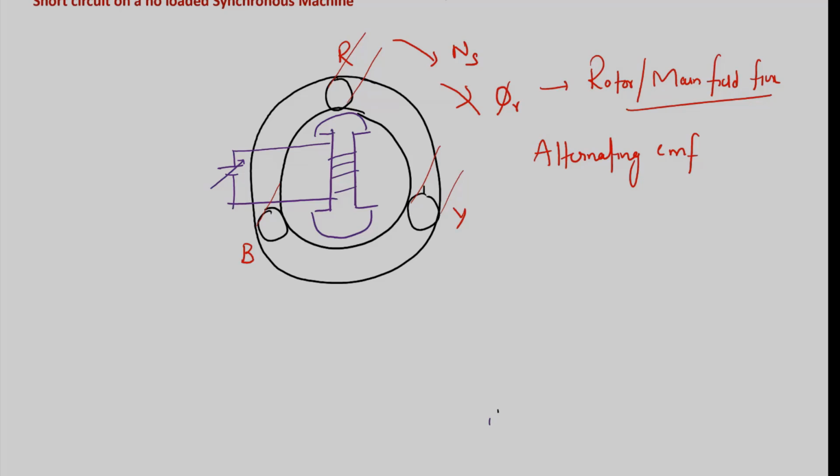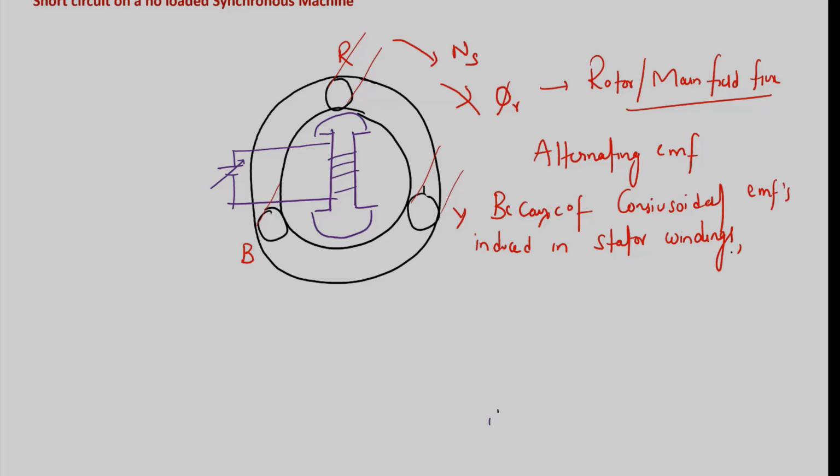So cosinusoidal EMFs, meaning voltages, are induced in the stator windings, and cosinusoidal currents flow through the stator windings.